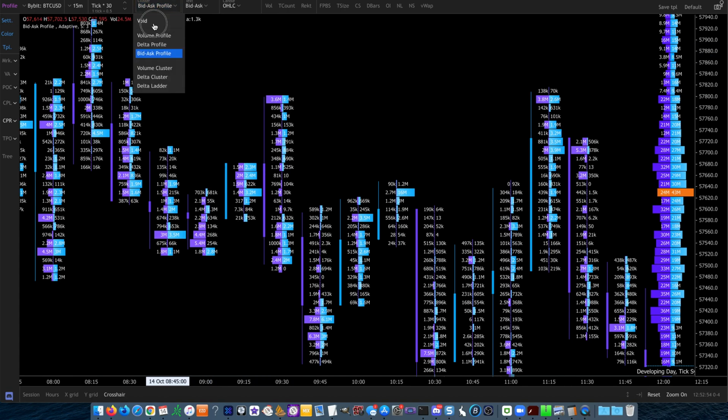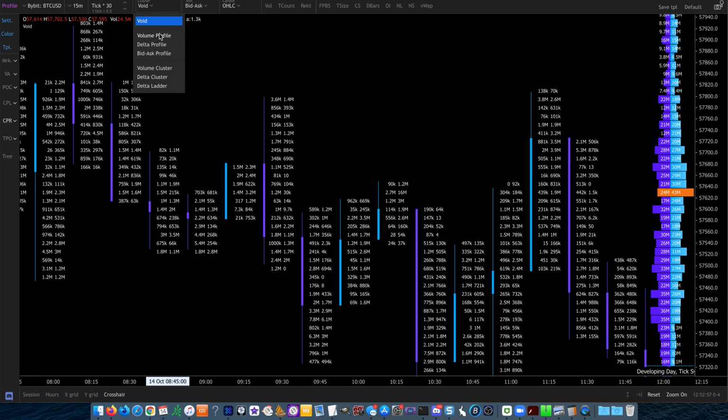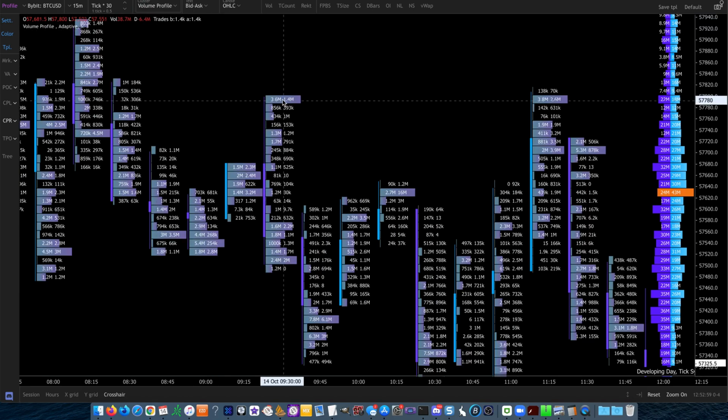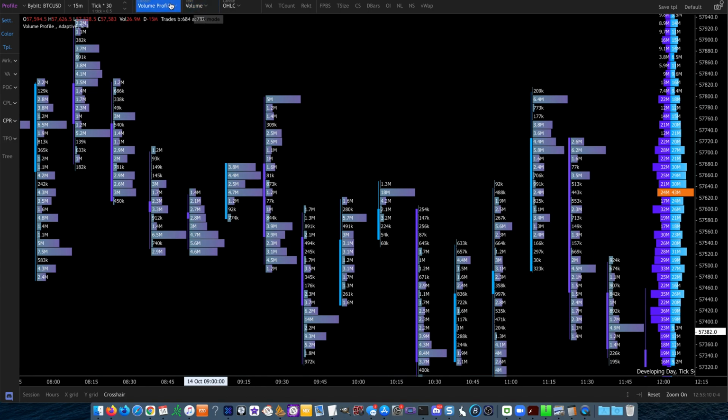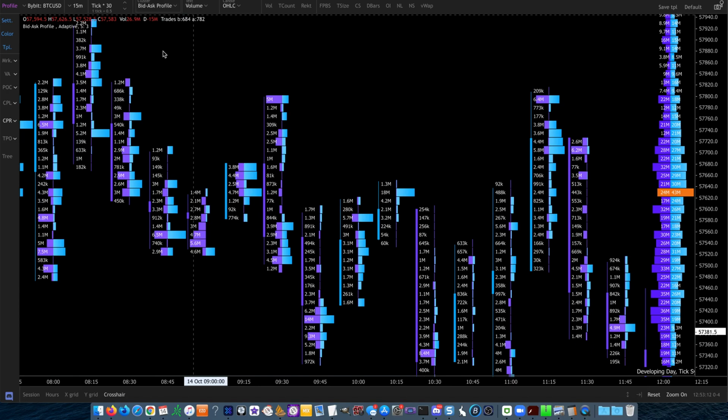So right here we can do void, which is always nothing. Volume profile is showing us where there were spikes in overall volume. So the volume profile would line up with the volume text, right? And we'll be able to mix and match these. So we could have the volume text with the bid-ask profile.